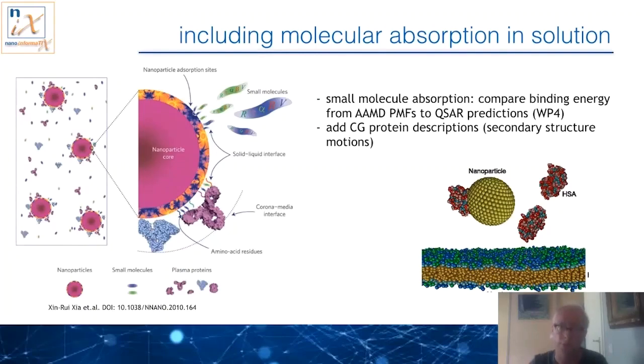And we do that together with work package 4. And we also are intending to add protein descriptions. So to have coarse-grained proteins and to add them to the nanoparticles and see how that affects the binding kinetics of the coated nanoparticle with the membrane.